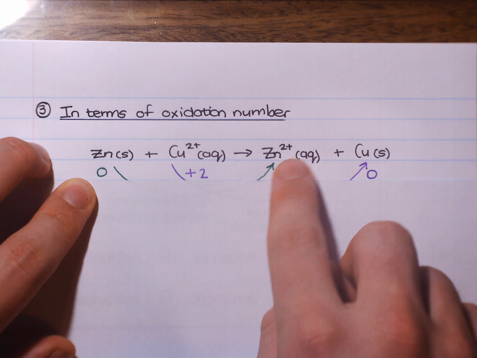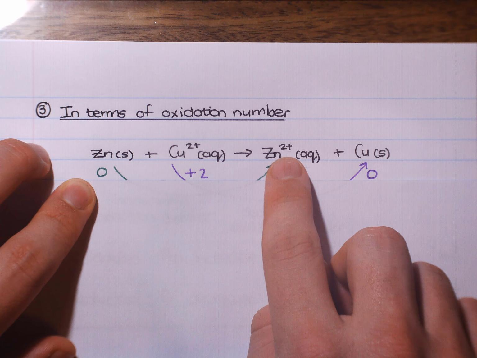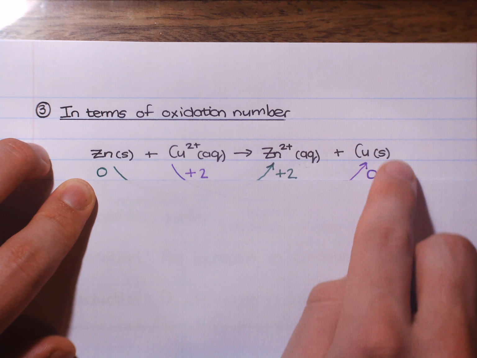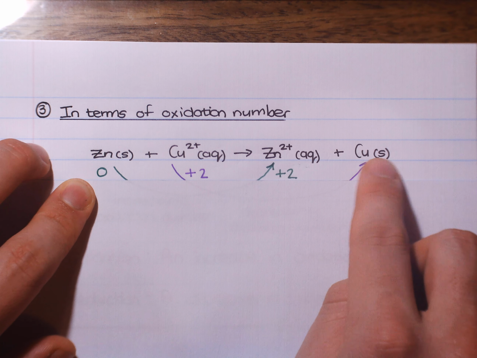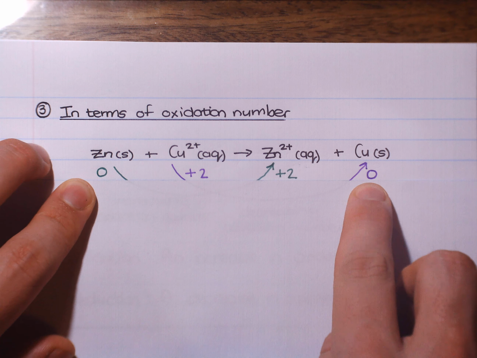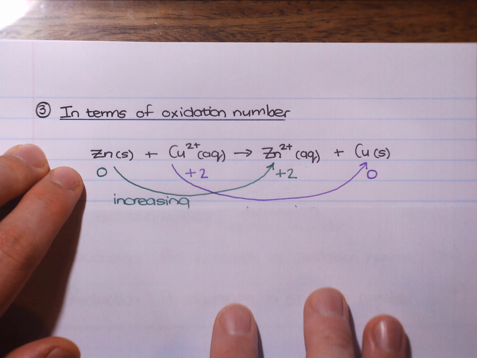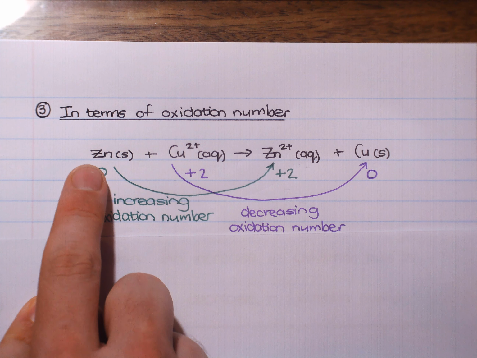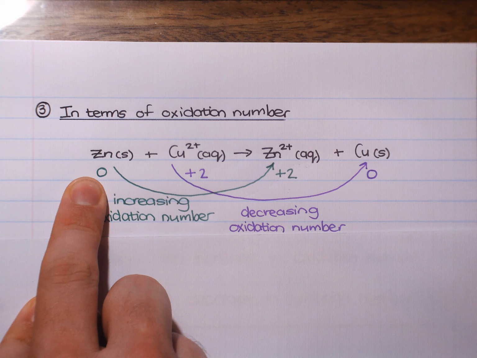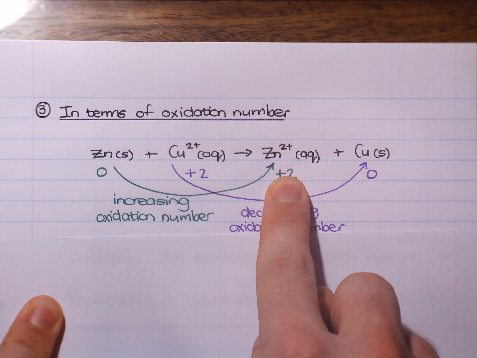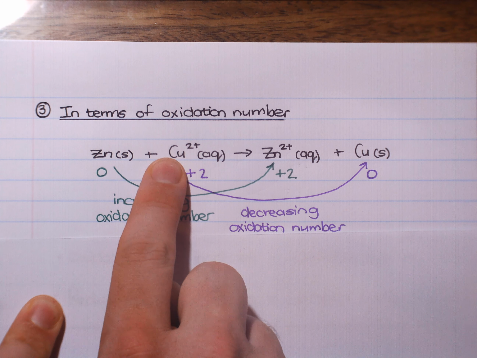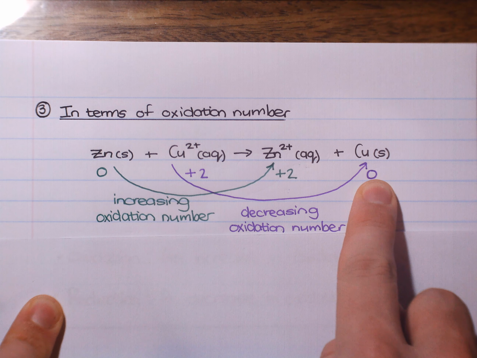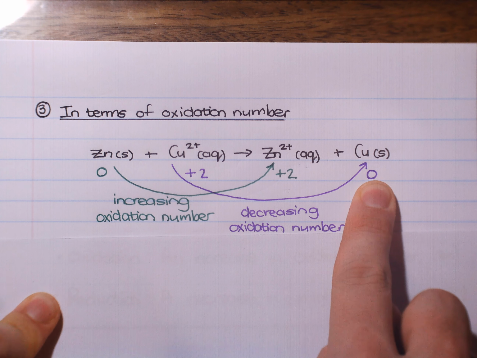Subsequently, the zinc ion on the product side has a charge of 2+, so the oxidation number is +2. And the copper metal is in its elemental form, so it has an oxidation number of 0. In other words, what we have here is that the zinc has an oxidation number of 0, which increases to +2, whilst the copper ion has an oxidation number of +2, which decreases to 0 as it becomes elemental copper.